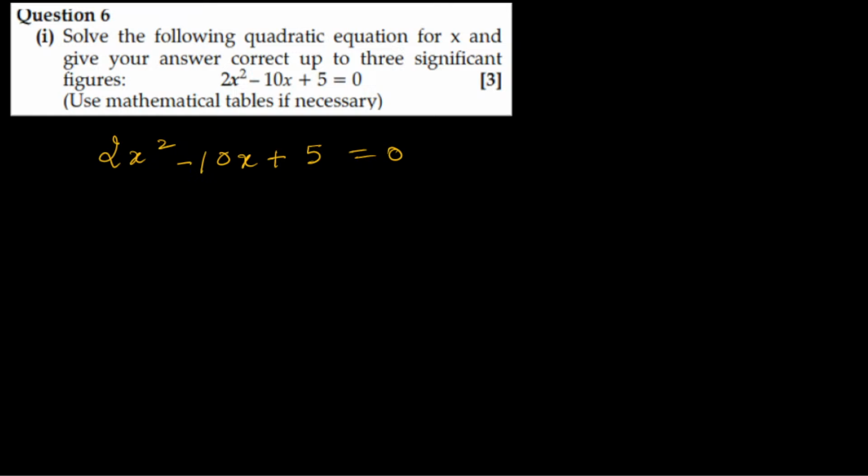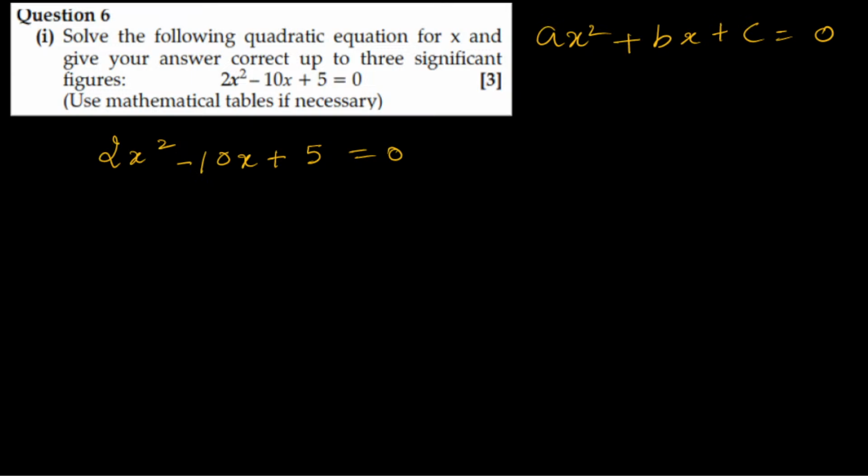For the quadratic formula, we know the standard form of a quadratic equation is ax square plus bx plus c equals 0. A is the coefficient of x square, B is the coefficient of x, and C is the constant term. We'll figure out the values of A, B, and C and apply them in the quadratic formula.